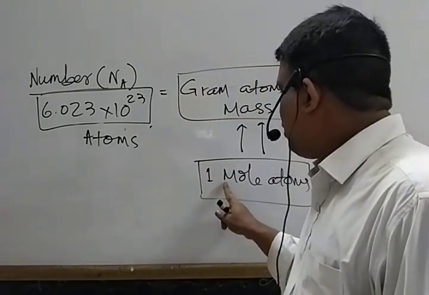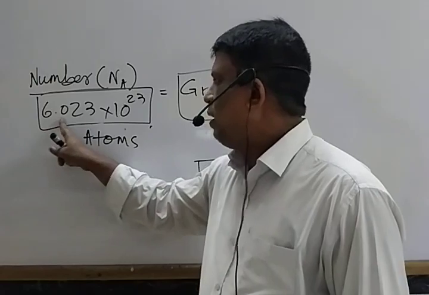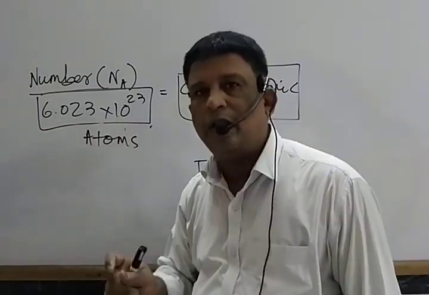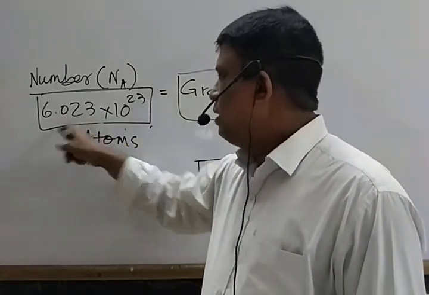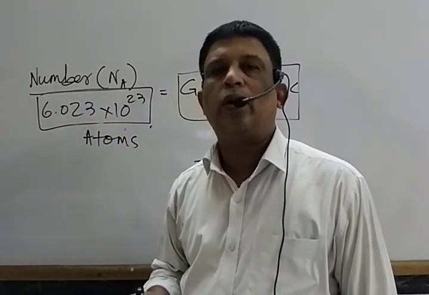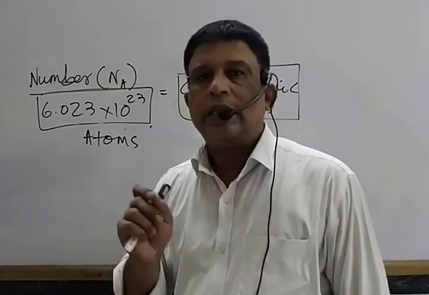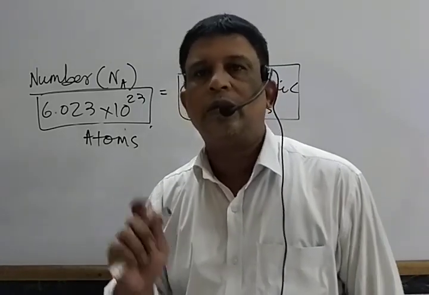Similarly, 1 mole of hydrogen atom possesses 6.023 into 10 to the 23 hydrogen atoms. 1 mole of nitrogen atom contains this number, that is Avogadro number of atoms. Any atoms of 1 mole contain 6.023 10 to the 23 number of atoms.